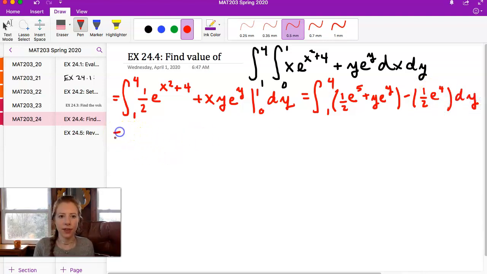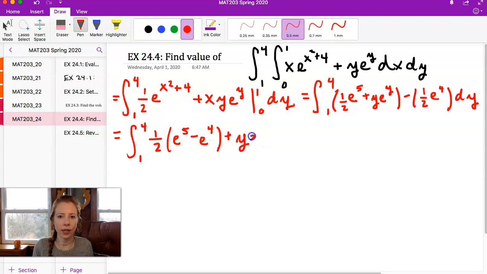Okay, we can simplify that a little bit. And we have the integral from 1 to 4 of 1/2 e to the 5th minus e to the 4th plus y e to the y dy.